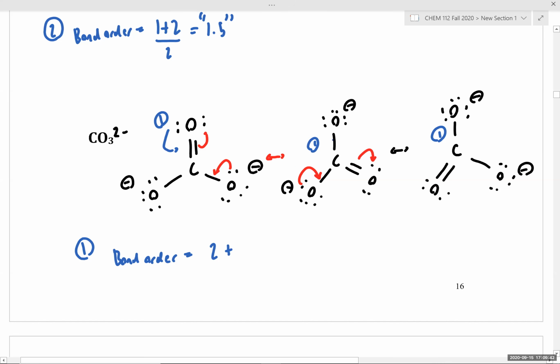Okay, what about in the second structure? 1. Finally, in our third resonance structure, what is the bond order? 1. Then we divide by the total number of resonance structures, which is 1, 2, 3. And that gives us a value of 4/3, or a 1 1/3 bond order.